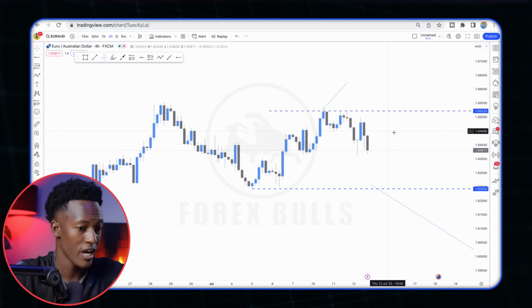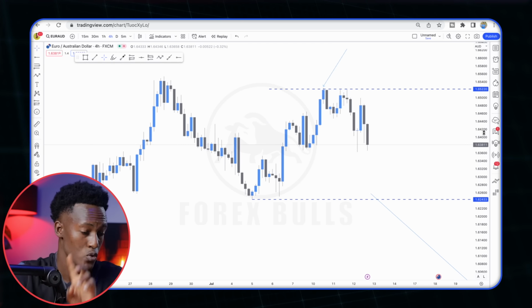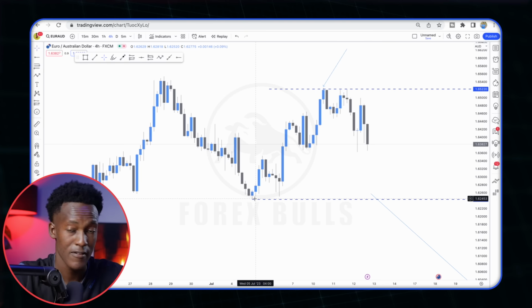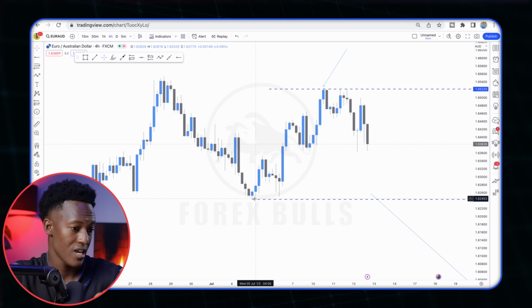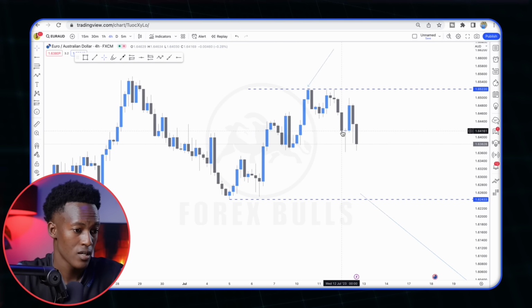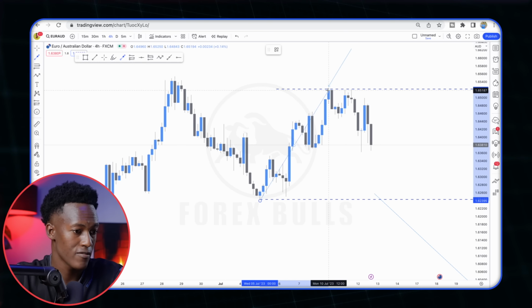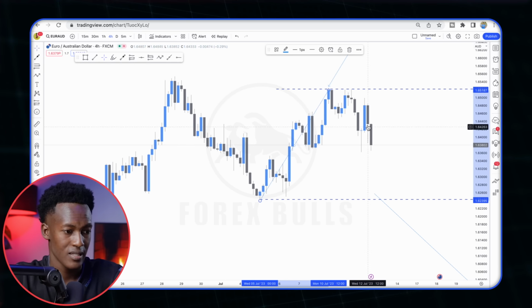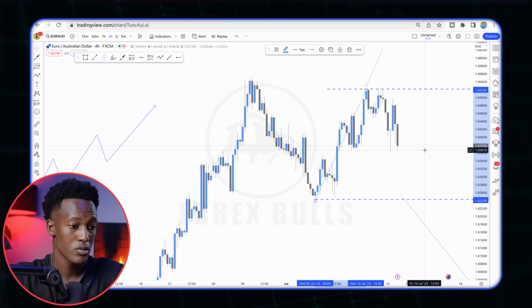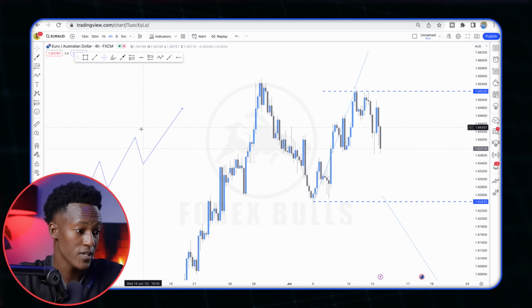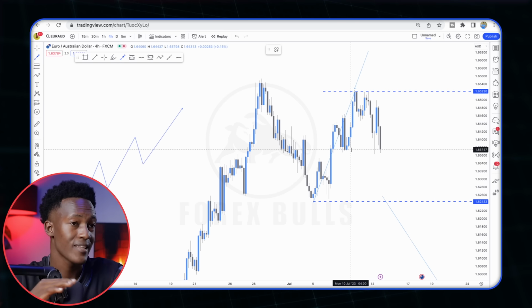Now on Euro AUD H4 we have two points. We have this level up here, and then we also have this one down here. Now what happens next? After seeing this, we can see that the price came from here, pushed up to this level, and is coming back down. What I want you guys to remember is, if it's an uptrend like we established in the first place, we would expect the price to keep pushing and breaking the higher highs.